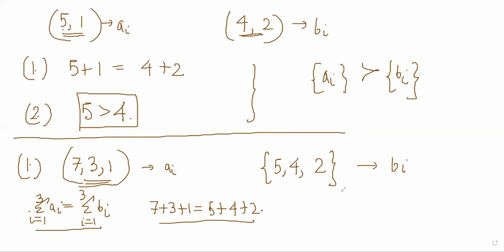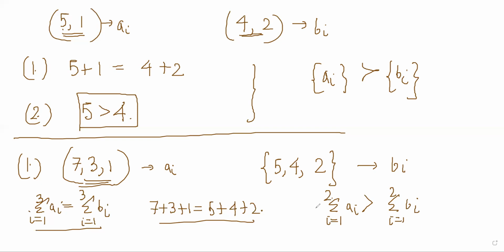Now you have to check whether, if you sum Ai from i equals 1 to 2, it is greater than the sum of Bi from 1 to 2. There are three terms in the sequence and the total sum should be the same. For any number of terms you add, starting from the first term till less than n, say two terms, the sum of the first sequence should be greater than the second.